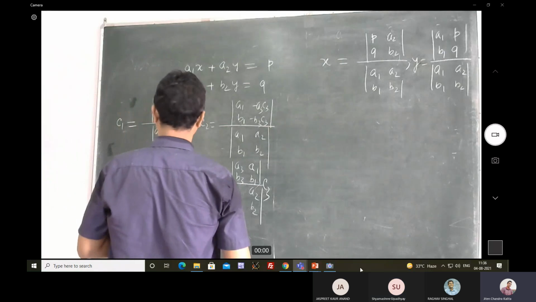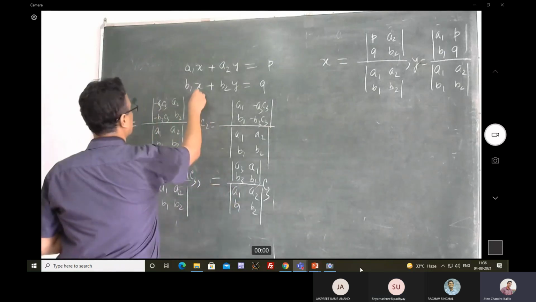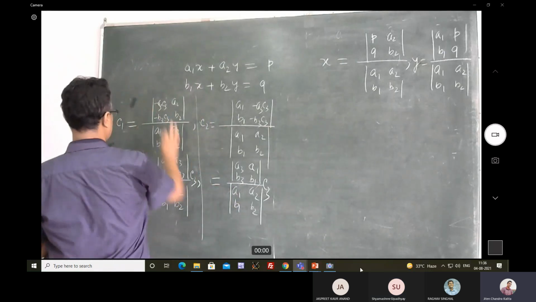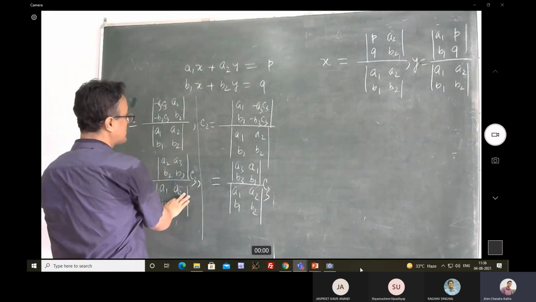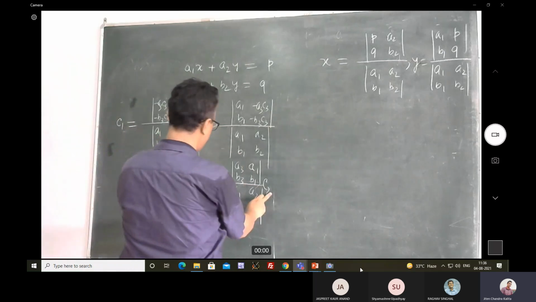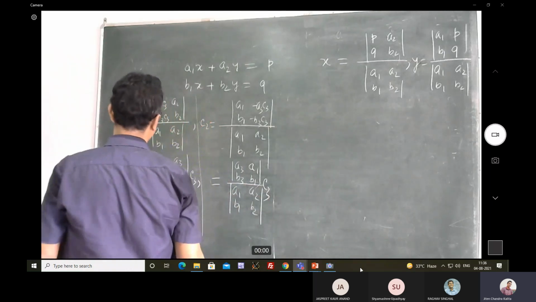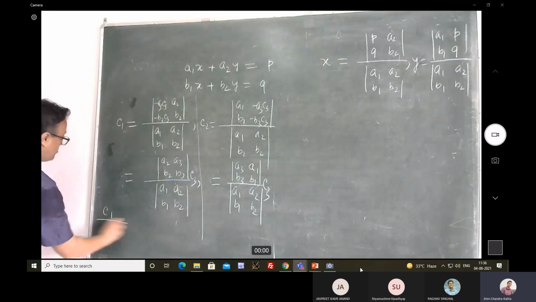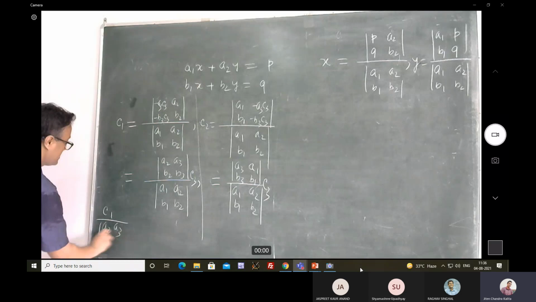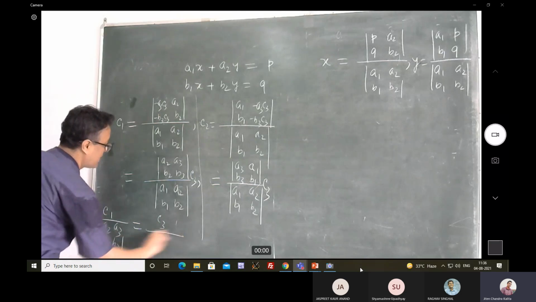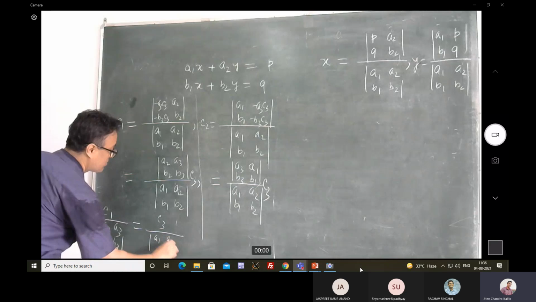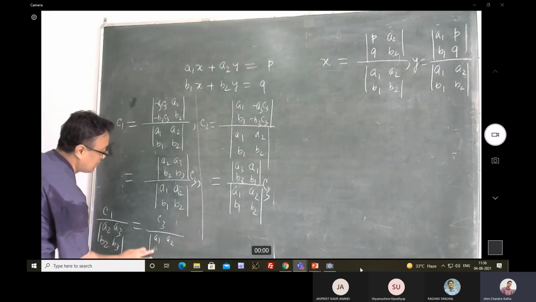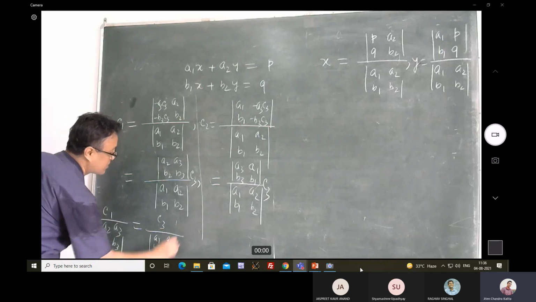So now, if I look at C1 equal to this and C2 equal to this, from here again, I can get C1 by A2, A3, B2, B3. This is equal to C3 by A1, A2, B1, B2.